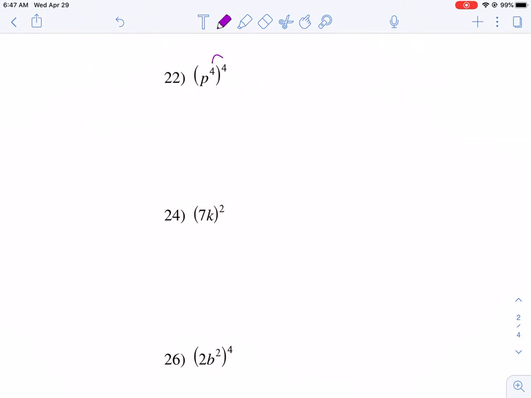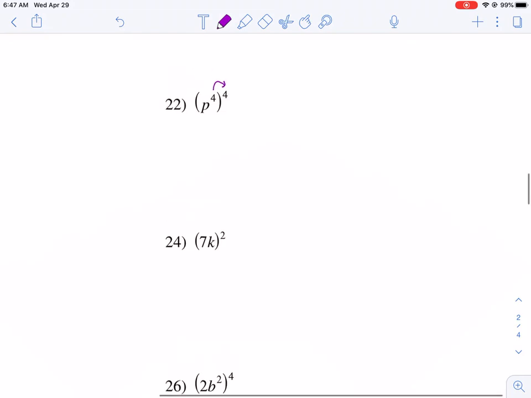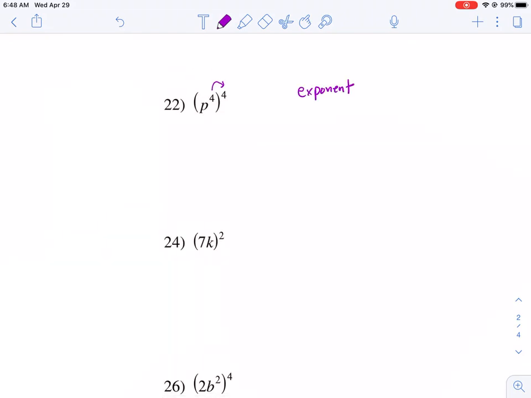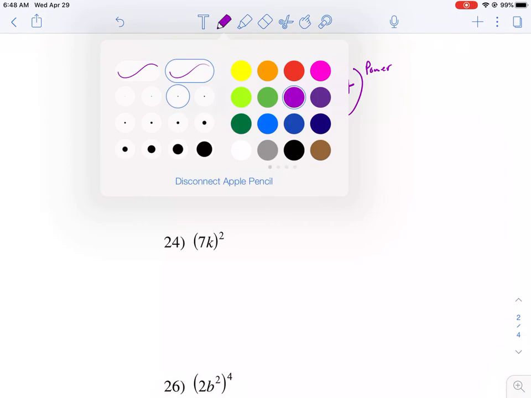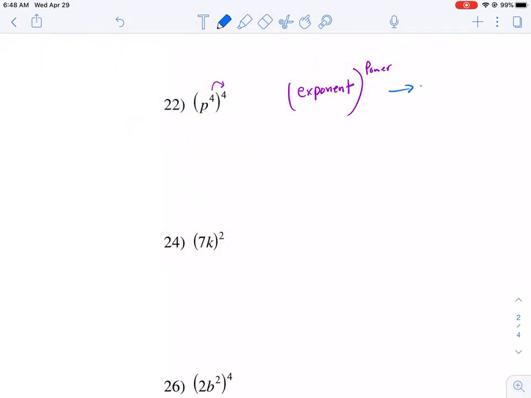But since we have a power raised to a power, so we have an exponent raised to another exponent, or raised to a power, this is the only time that you multiply the exponents. Multiply exponents. So if we have a power raised to a power, what does this mean?